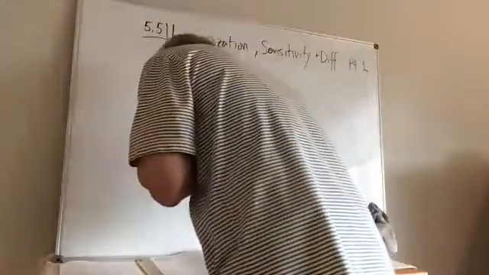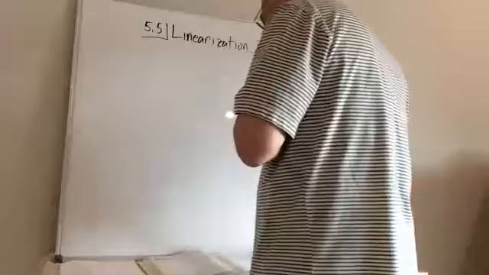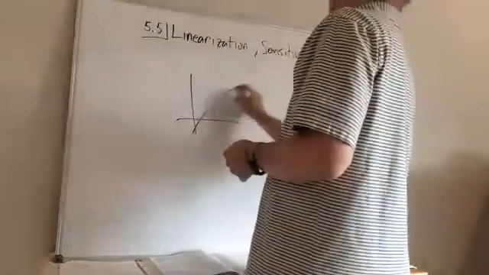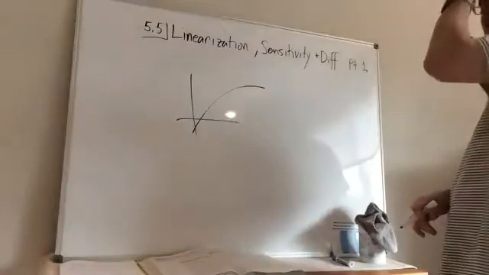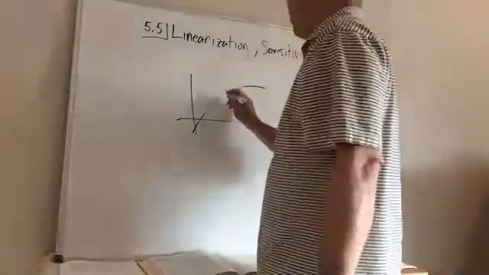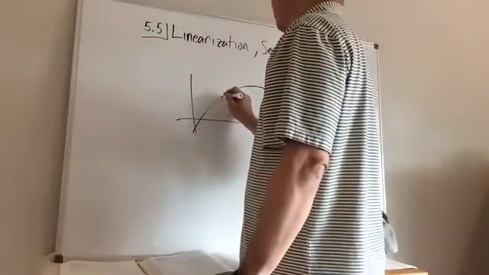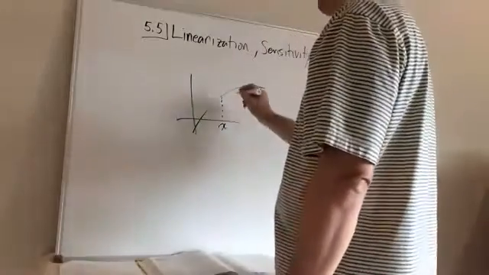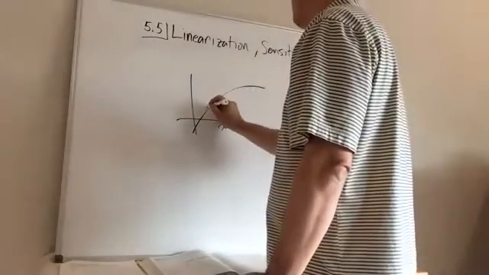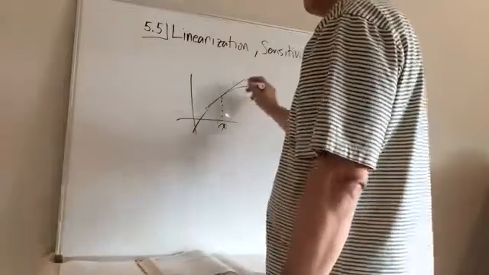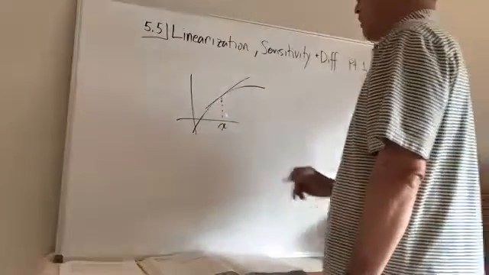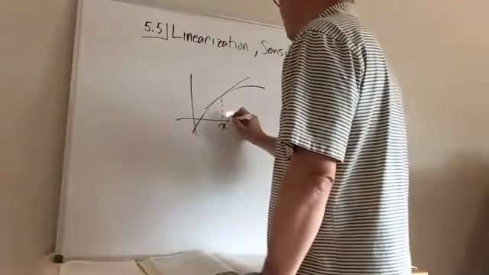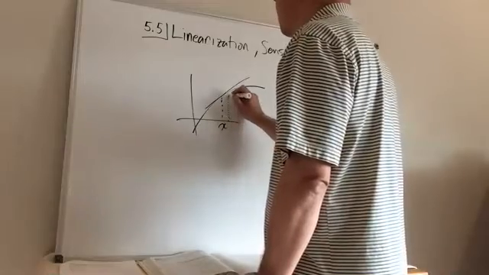We are at page 238 in your book. Linearization basically means that if I have a function that looks like this, instead of using the next value here, we're going to use the tangent line at that point to look at something that's fairly close.